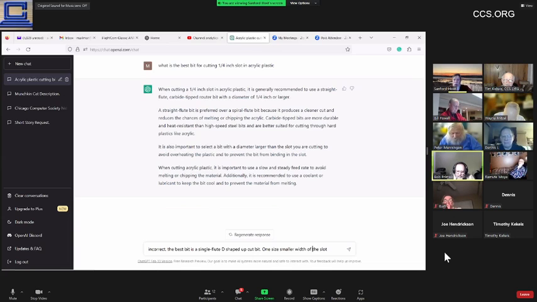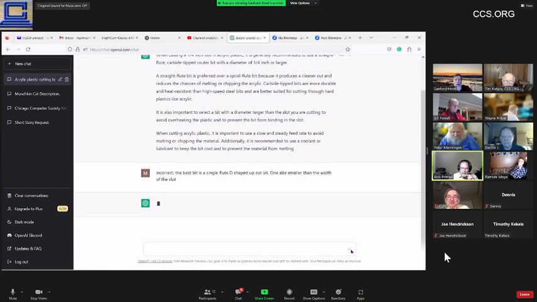One size smaller than the width of the slot. Yeah, okay, hopefully I did that right.